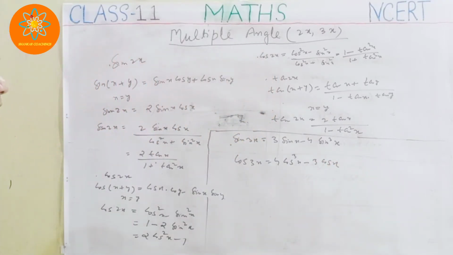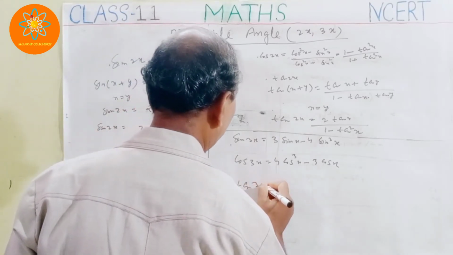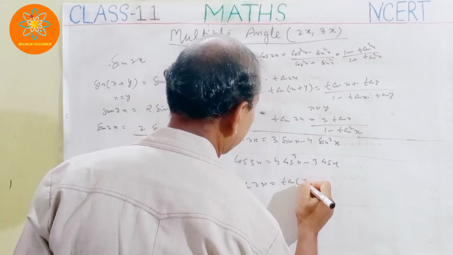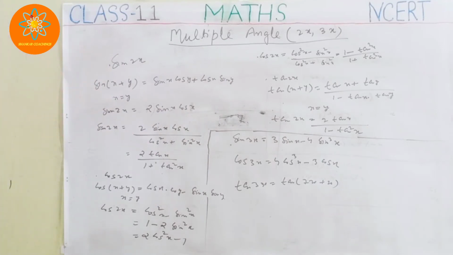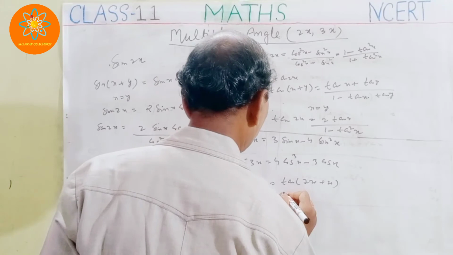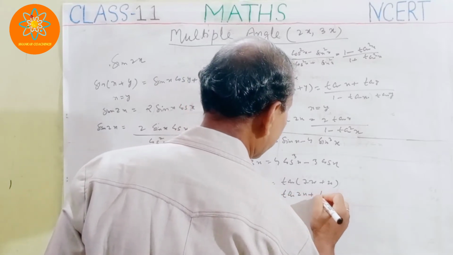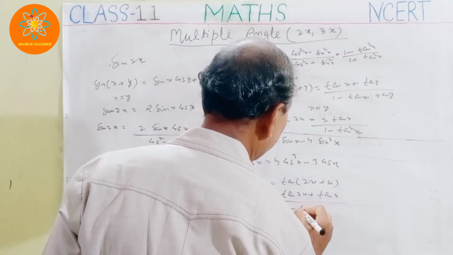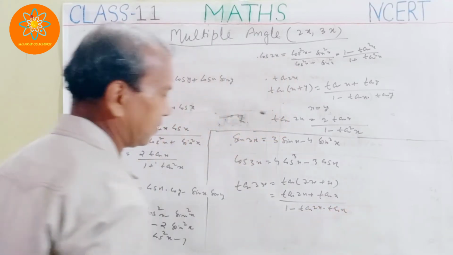What about tan 3x? The value of tan 3x is equal to tan of 2x plus x. So that is equal to (tan 2x plus tan x) divided by (1 minus tan 2x into tan x).